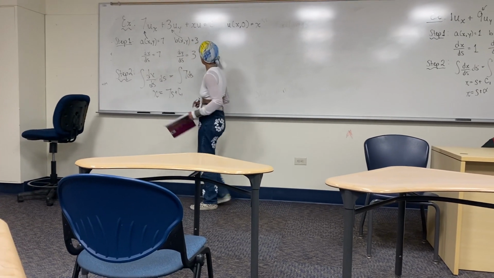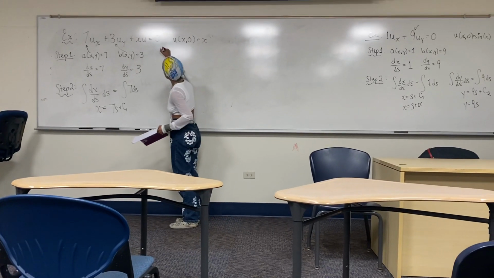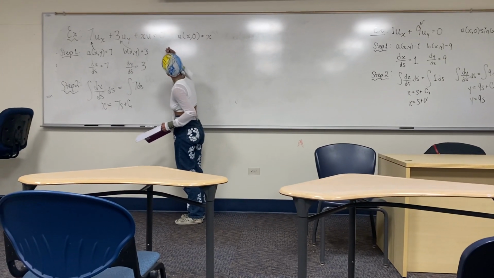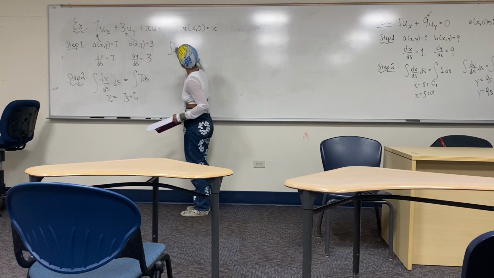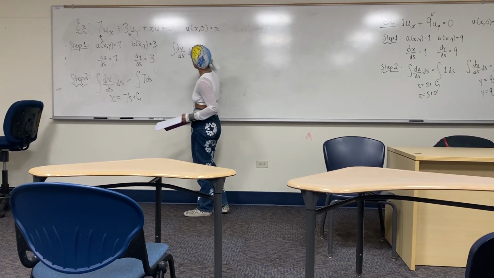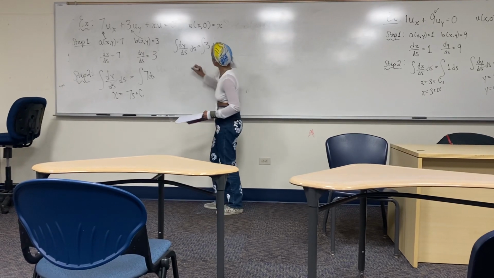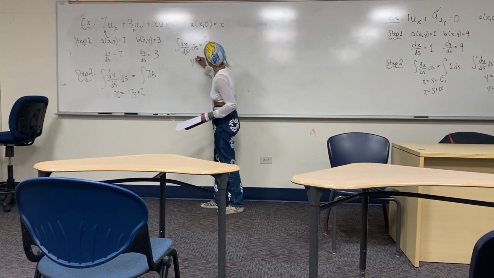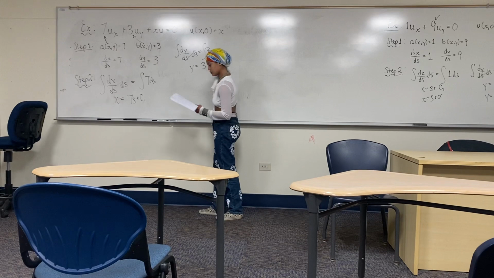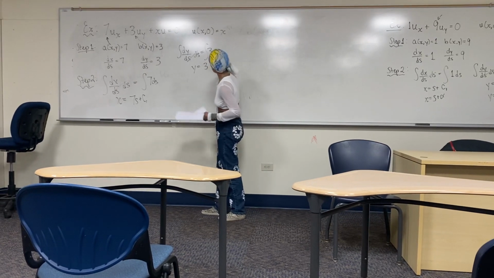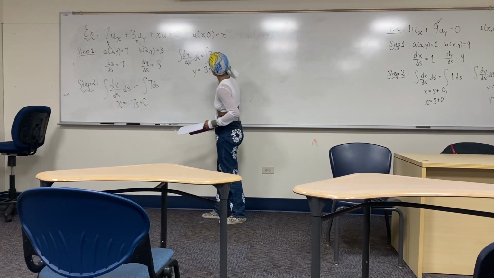We'll call that c1 for now. And the derivative of y with respect to s, dy/ds, equals 3, ds. These cancel, so we end up with y equals, let me make sure I have that correct. Yep, y equals 3s plus some constant c2.